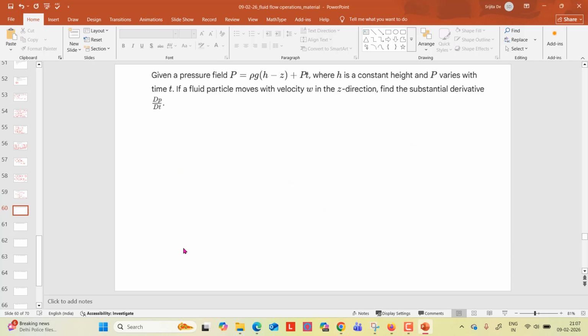Given a pressure field where h is a constant height and p varies with time t, if a fluid particle moves with velocity w in the z direction, find the substantial derivative dp/dt.